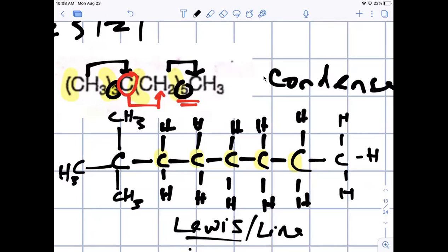It's really important to be able to go between them and understand the notations in the condensed form. The parentheses means that that's a group of substituents or a group of carbons. So you can group those carbons up like that by putting the parentheses in. And we'll take a couple from the skeletal back to the condensed, just so you can see the difference.